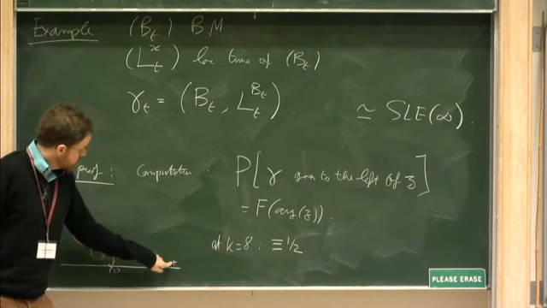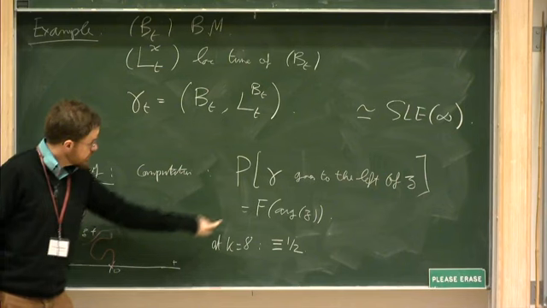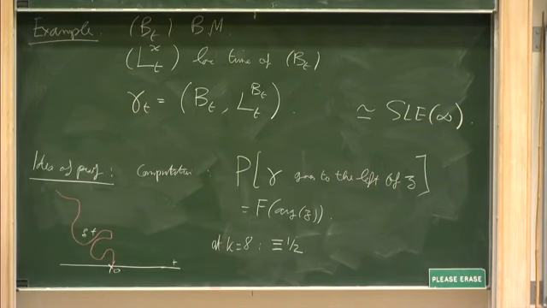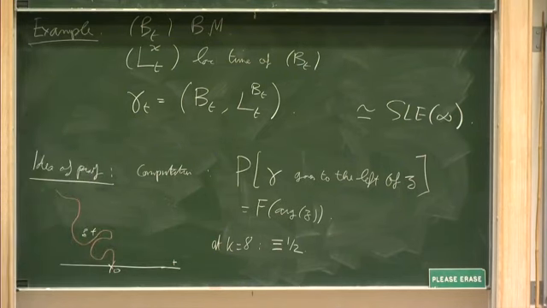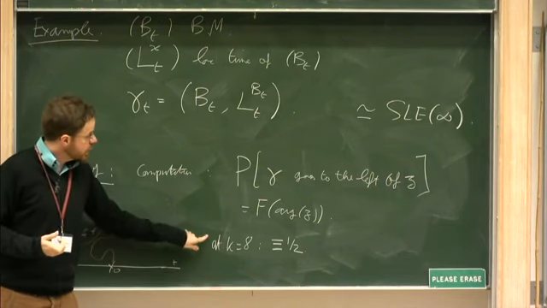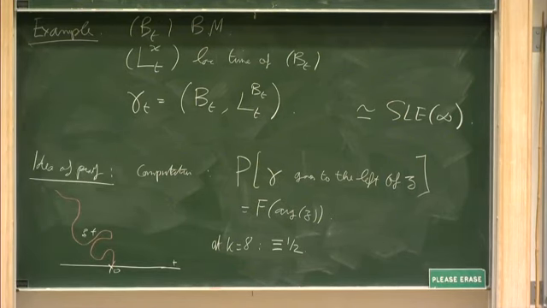So here, for instance, letting this point go to the axis, because it's constantly equal to 1/2, what you will get is that the probability that the curve actually touches this point on the axis is equal to 1. So if you touch every point on the axis, then it's not difficult to convince yourself that you actually touch all the points in the upper half plane. So that's not the actual proof, but that's one way to convince yourself that kappa equal to 8 is special in the computation.